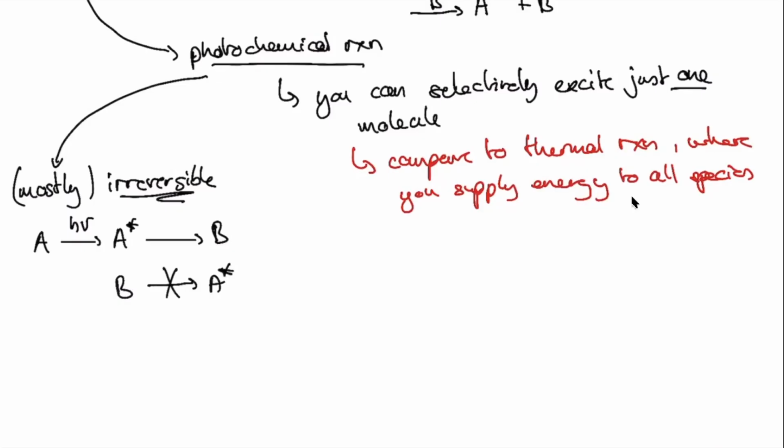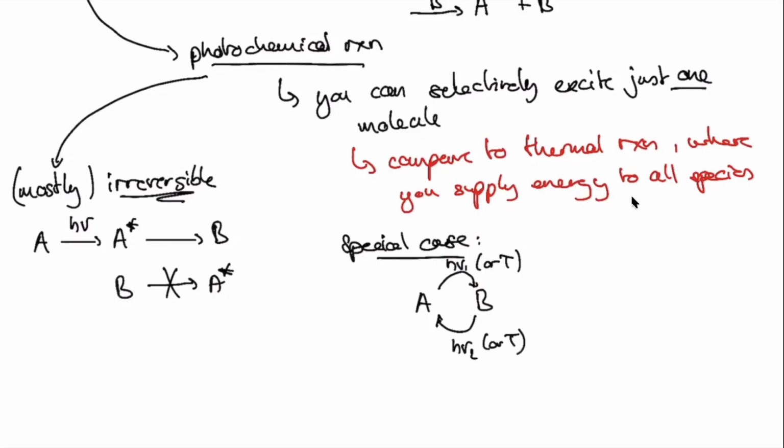There is a special case, of course, which we've already looked at. If you imagine, for example, azobenzene, you can go from the cis to the trans form using light. So I put h nu1 or temperature, and usually with a different wavelength, h nu2, or temperature, I can go back.